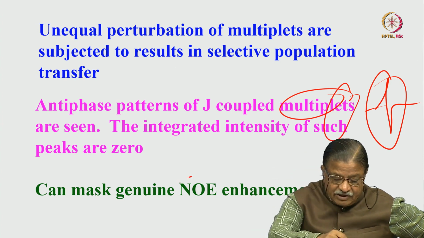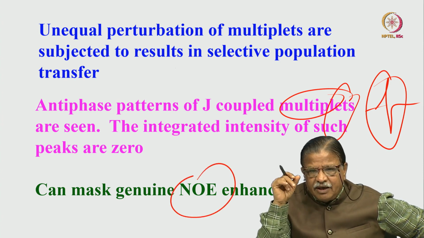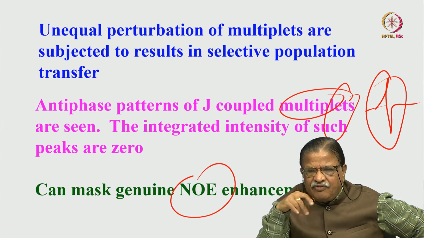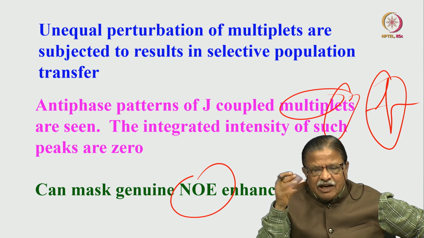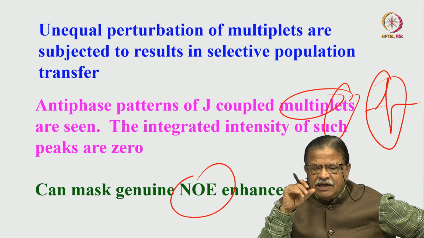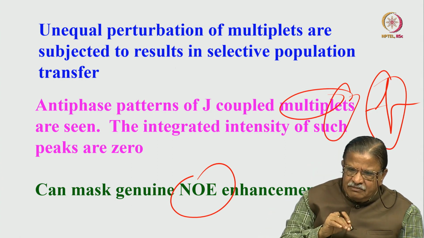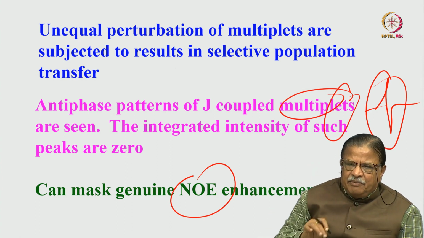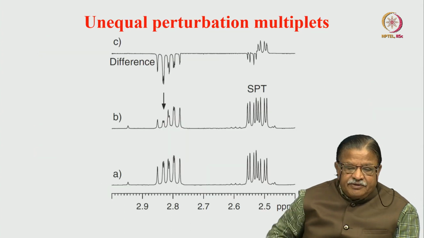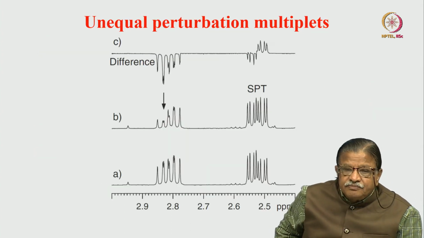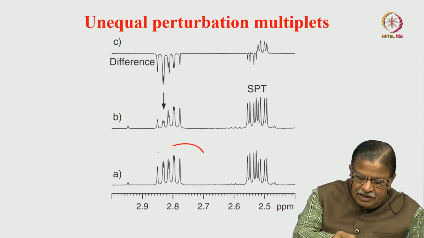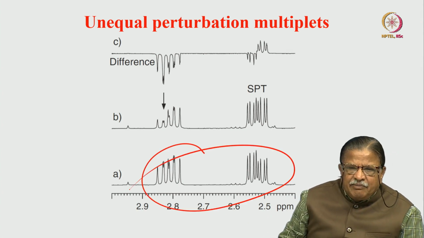So, it will mask the genuine NOE. There may be NOE, but because of unequal perturbation, whatever NOE is there will not be seen; it gets masked. So, selectivity and uniform perturbation of the multiplets are important things. This is an example to show what happens in a spectrum like this.